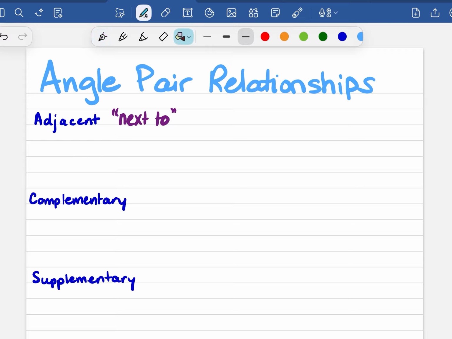So what I mean by next to is I have one angle here and one angle here, and they share a side.